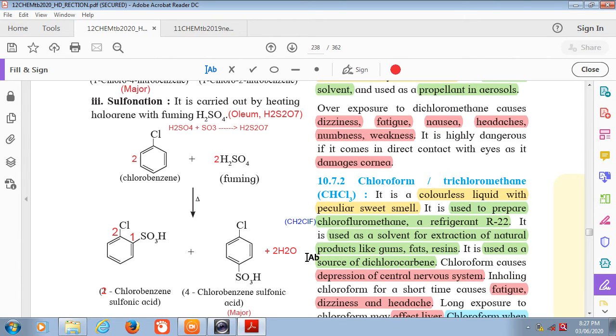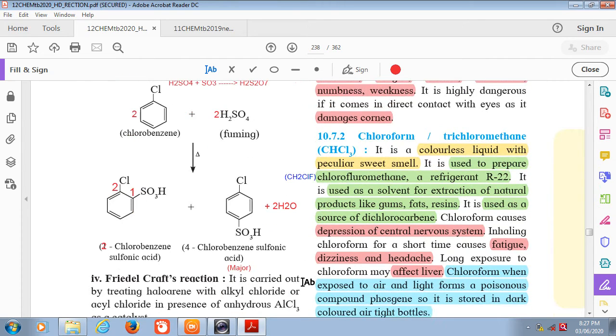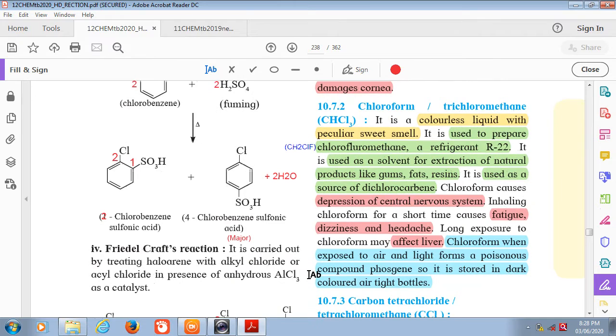Then chloroform causes depression of the central nervous system when it affects, and on inhaling chloroform for a short time it causes fatigue, dizziness, headache. If we are exposed for a long period to chloroform, it may affect our liver.